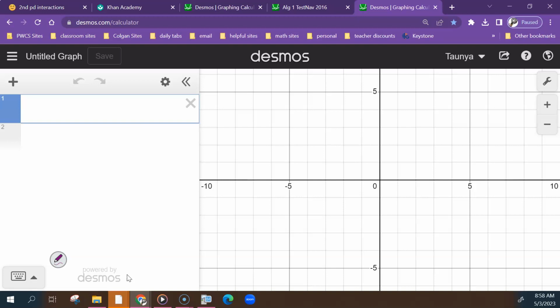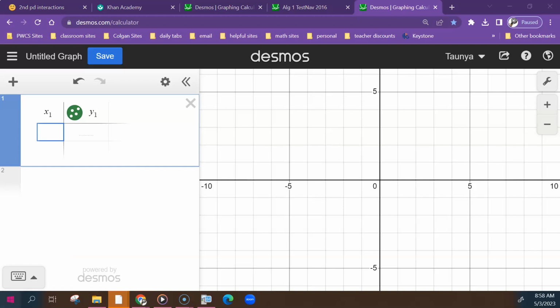So just like your line of best fit, you're going to go to the plus and add in a table. We're going to use the same table we just used before, so the x's and y's, you can go ahead and put those in.